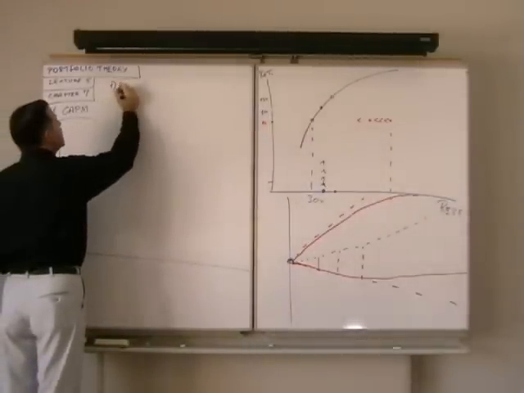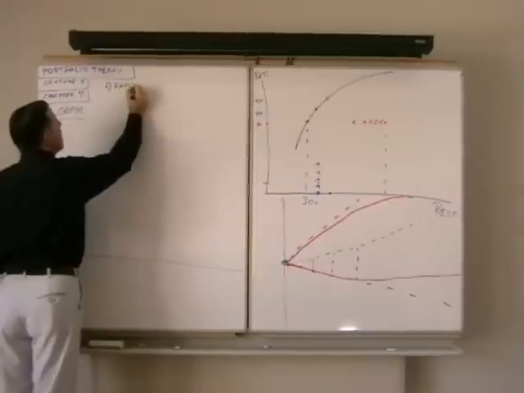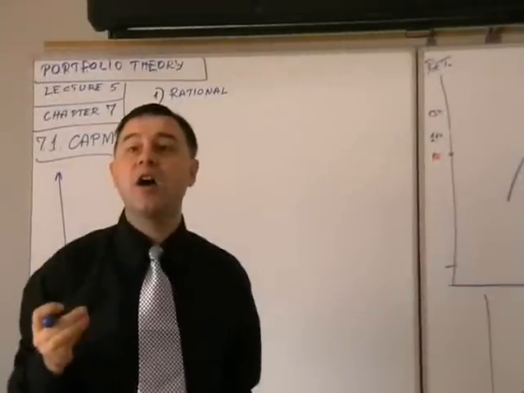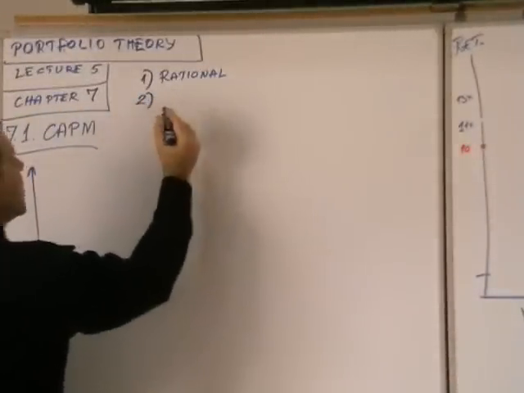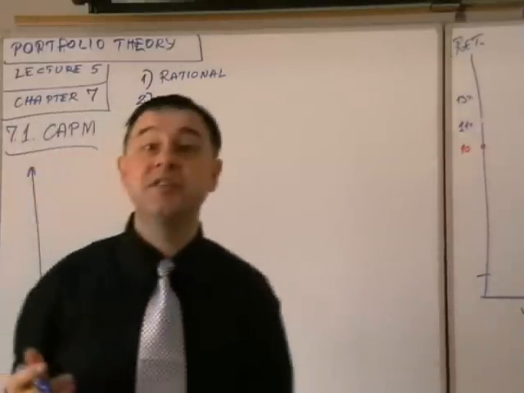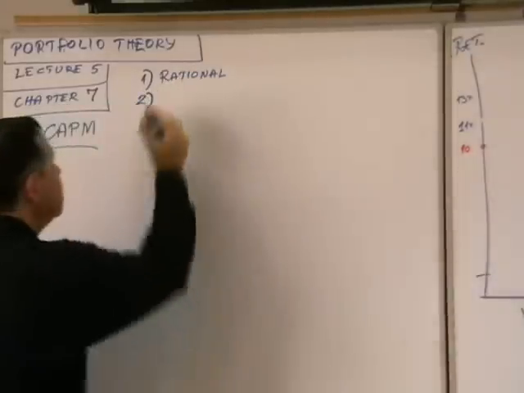The big assumption is that investors are rational. Investors are rational. And the second big assumption is that the market is in equilibrium.